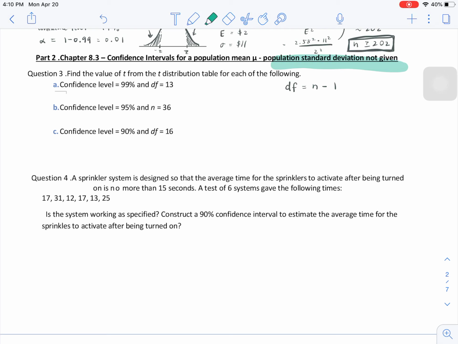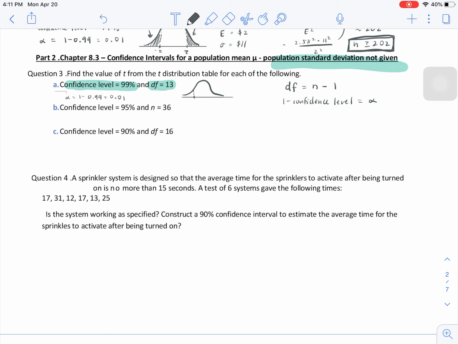So here it gives us our degrees of freedom and our confidence level. So just as always, 1 minus the confidence level gives us the area in both the tails. So 1 minus 0.99, 99%, is 1%.